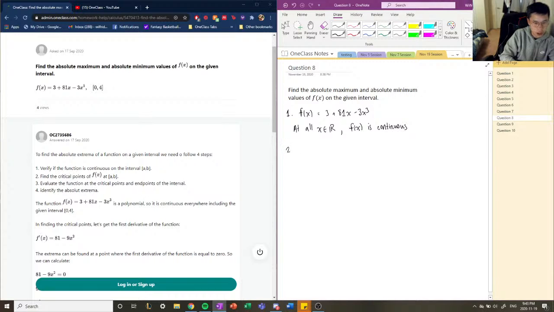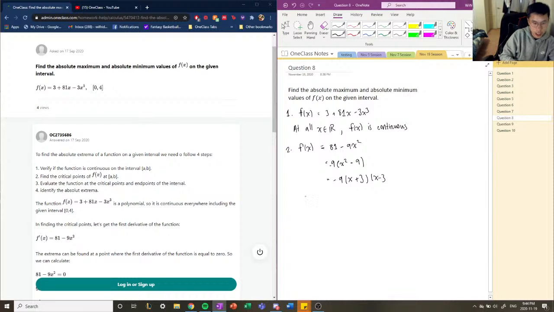So we need to find the critical points now. So we need to calculate f prime of x, okay? f prime of x will be equal to 81 minus 9x squared, okay? We want to factor that, which is negative 9 times x squared minus 9. And that's just equal to negative 9 times x plus 3 times x minus 3, okay?